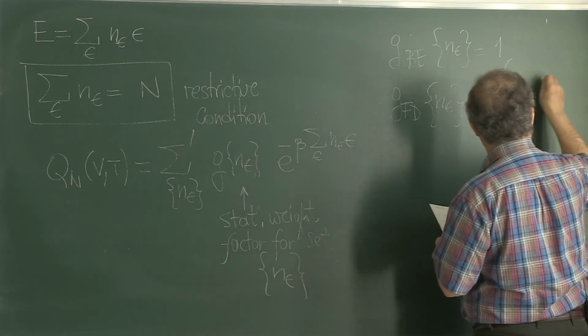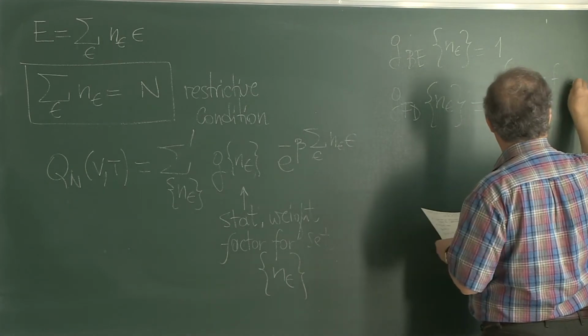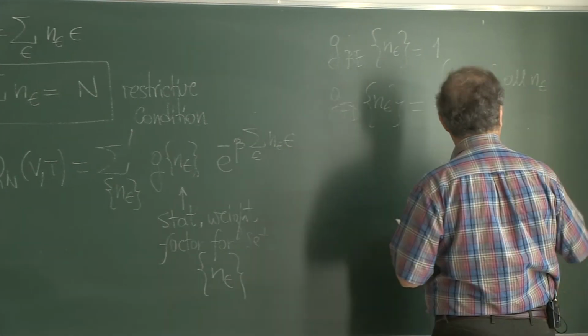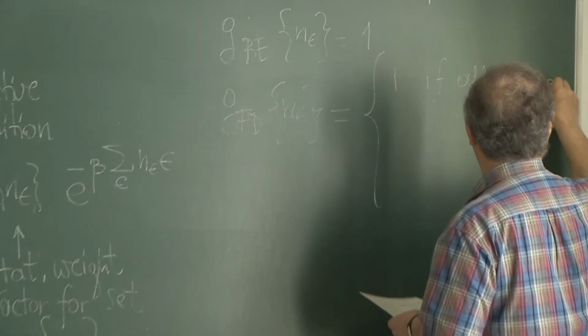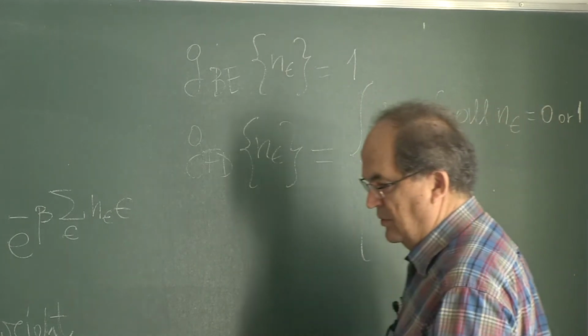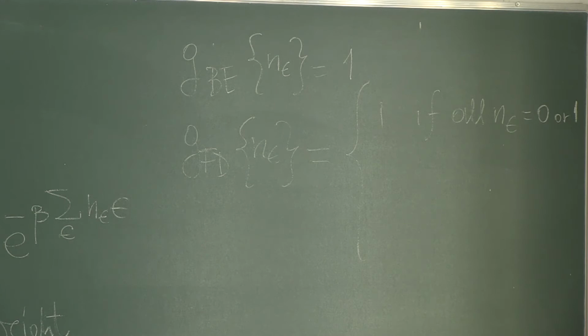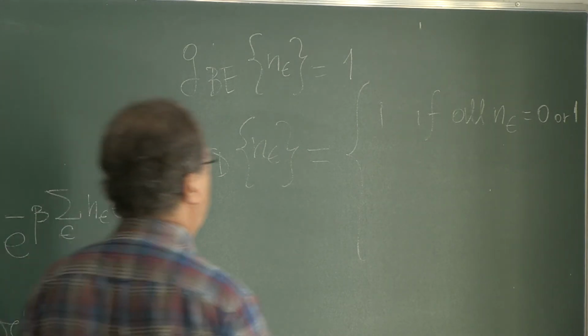This is 1 if all the occupation numbers are restricted to 0 or 1, and 0 otherwise. You cannot put two particles into the same state.